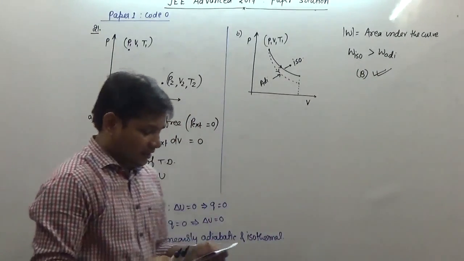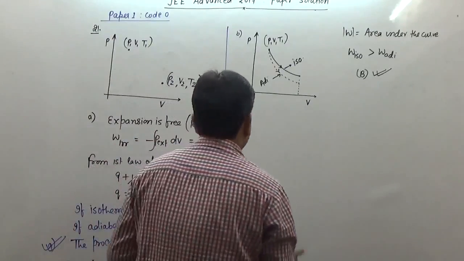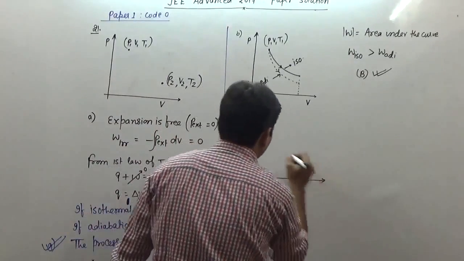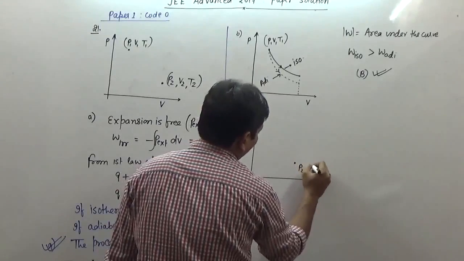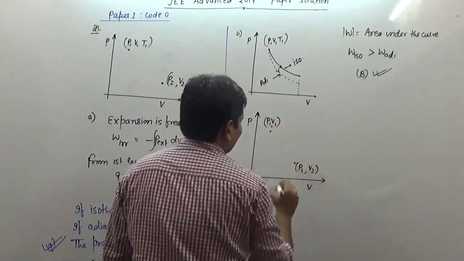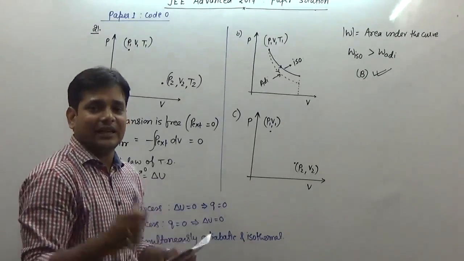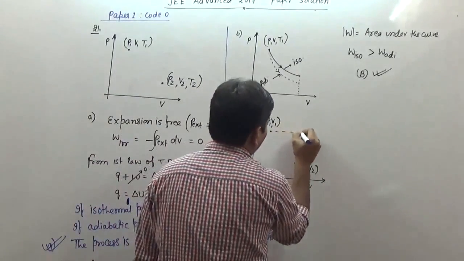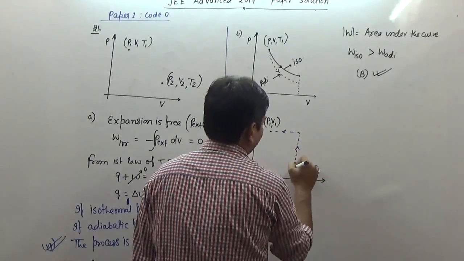The next part is telling that the work done on the gas is maximum when it is compressed irreversibly. C part is when it is compressed irreversibly from P2 V2 to P1 V1. We have P2 V2 and we have P1 V1, and if we do compression irreversibly at pressure P1, compression will be done as follows.